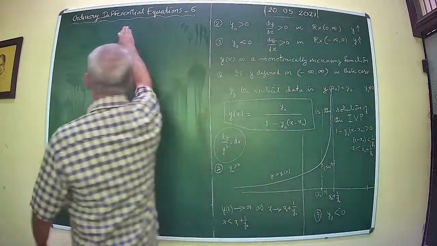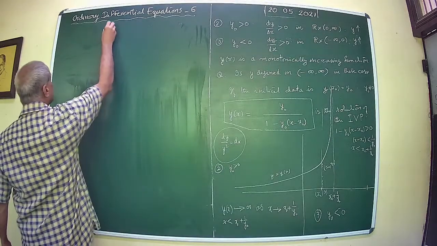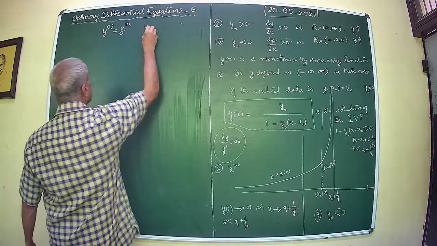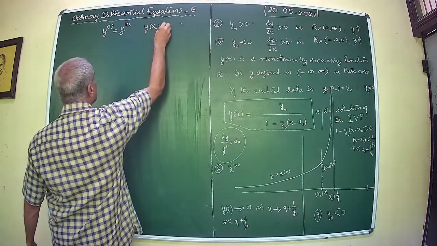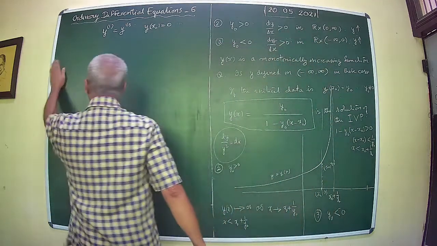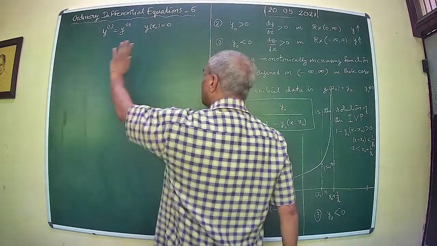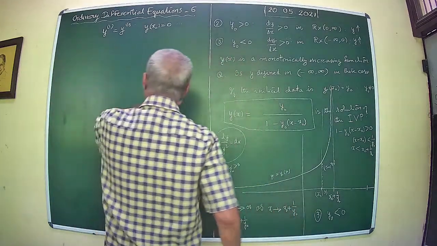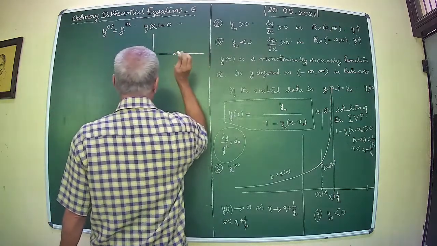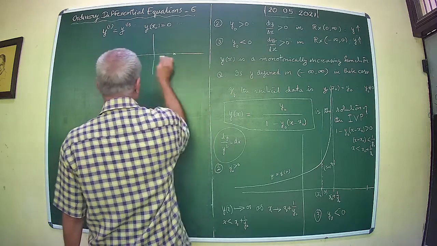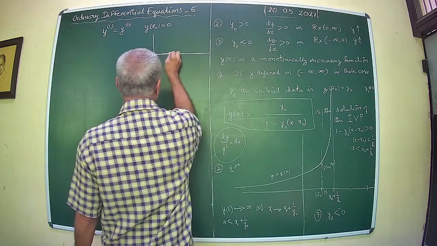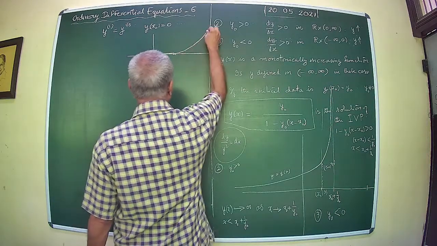So you take this problem. First of all, we started with y0 equal to 0, but even if y(x naught) is not equal to 0, see the way in which the solution looks like: this is the point as the initial data. Then you see that the identically 0 function is a solution, and then a solution of this type always exists.